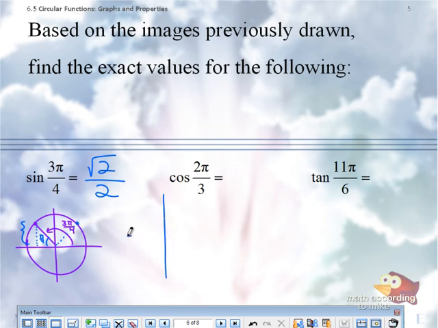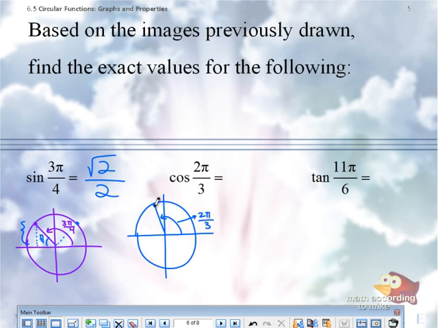What quadrant is 2 pi over 3 in? Second. There's 2 pi over 3. By asking for the cosine, the coordinate of the point, is that the x-coordinate or the y-coordinate?